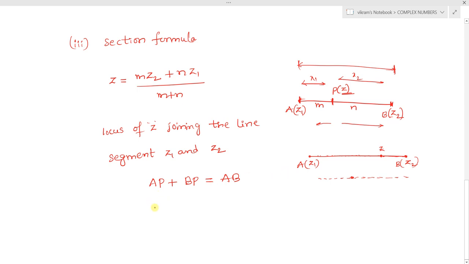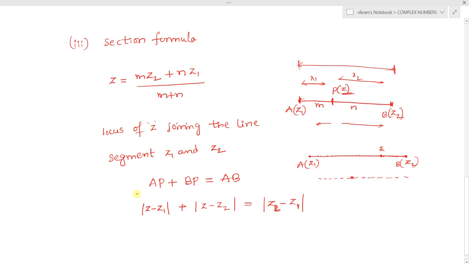In complex numbers, AP is represented as mod of Z minus Z1, plus BP, mod of Z minus Z2, equals mod of Z1 minus Z2 or Z2 minus Z1.